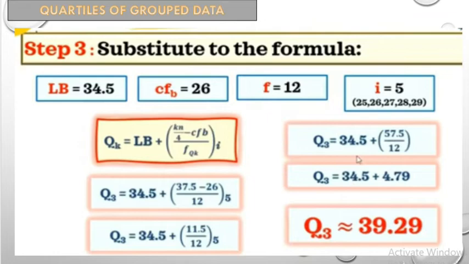Yung KN over 4 po natin ay yun po yung nakuha natin kanina, which is 37.5 minus 26 ang ating cumulative frequency below over 12 ang ating frequency, times po natin sa ating interval, which is 5. Ang sinasabi po natin kanina na lagi po nating uunahin ang nasa loob ng parenthesis. And after solving, makikita po natin ang ating quartile 3 is 39.29.